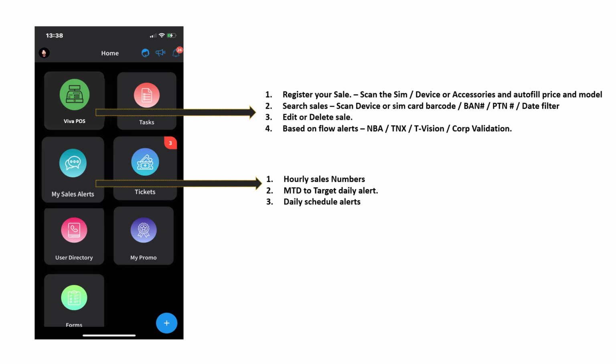Based on the flow, we can also enable alerts. If there's a Sprint transaction, at that time, whether you had done your MBA, and if it's an upgrade or any other transaction from the Sprint side, whether the TNX was done or not, T-Vision, whether that was promoted or not, or if it's a corporate account, whether the corporate validation was done or not at the time of the POS.